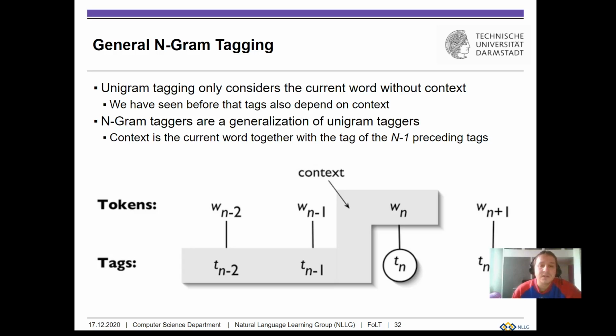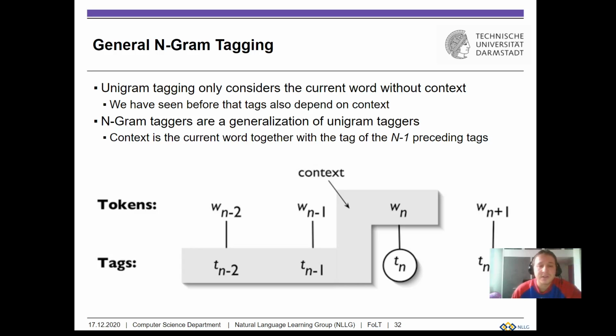In both cases, if you have a pronoun in front of can, then it's much more likely that this is going to be a verb. On the other hand, if you have an adjective or an article in front of the word can, then it's most likely going to be a noun.